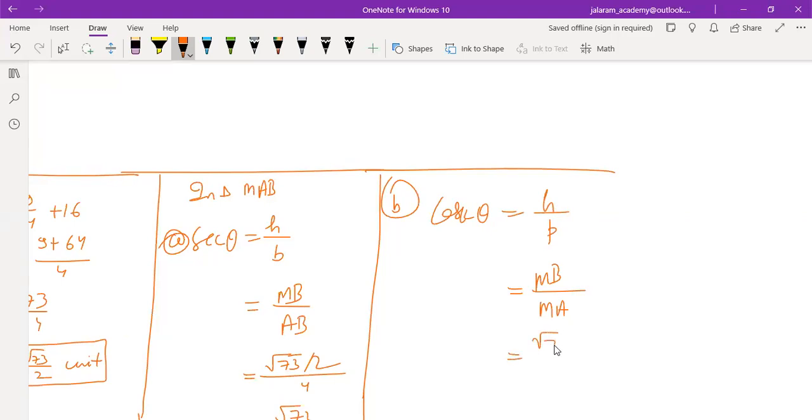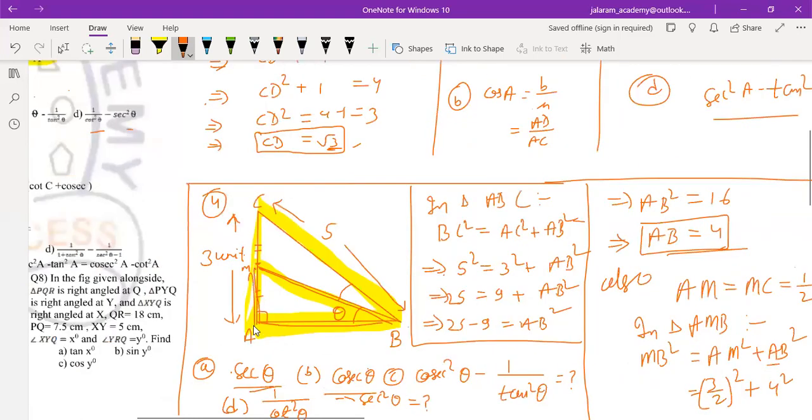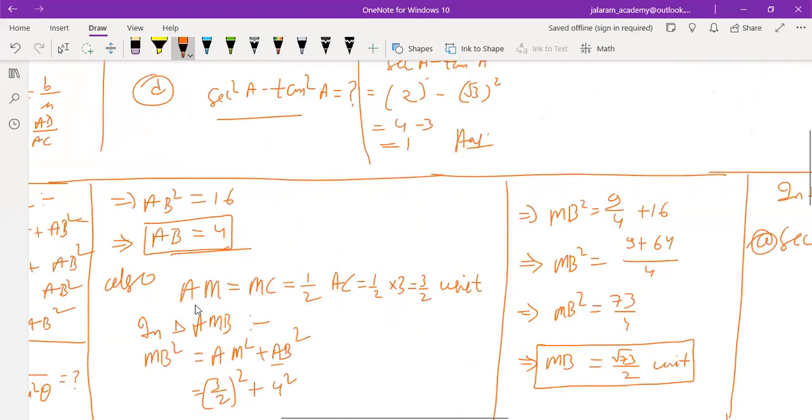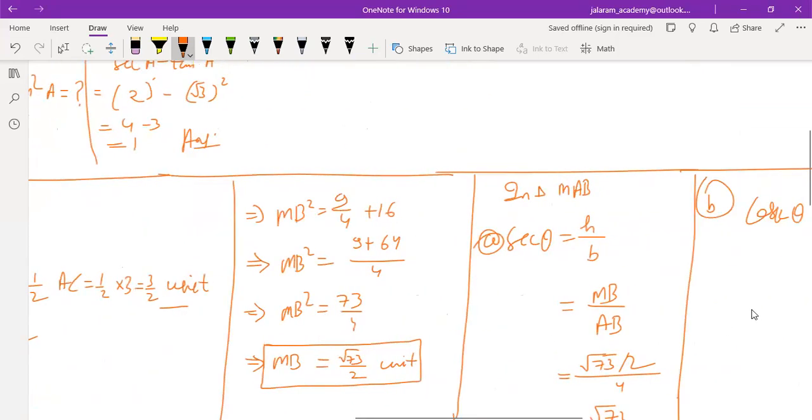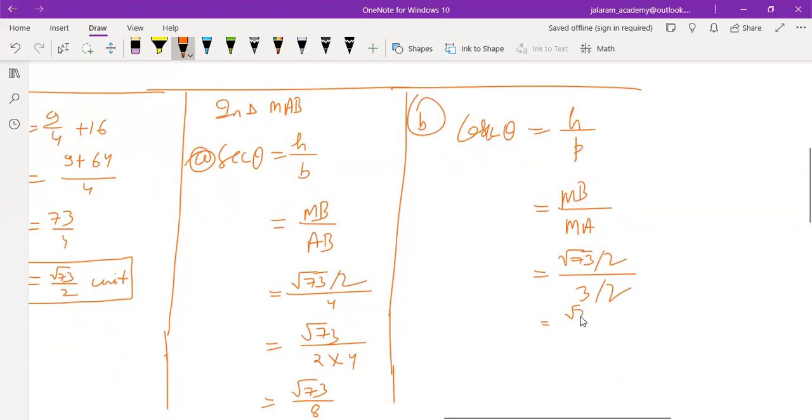MB is root 73 by 2. MA is 3 by 2. We have calculated here. So it is root 73 by 2 into 2 by 3. 2 cancelled out. That is root 73 upon 3.